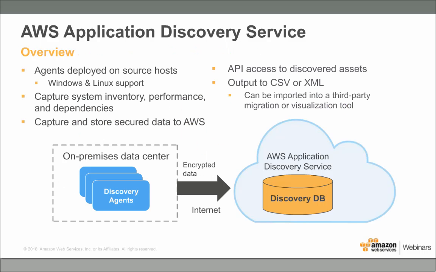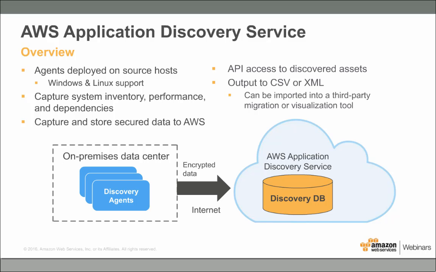Moving on, the way the discovery service is being engineered, it's an agent-based system. You deploy agents on the source host, and the agents are available in Windows and Linux flavors. So if you're running one of those hosts, which is anticipated to be a target of migration, you will go ahead and deploy an agent on the source host.